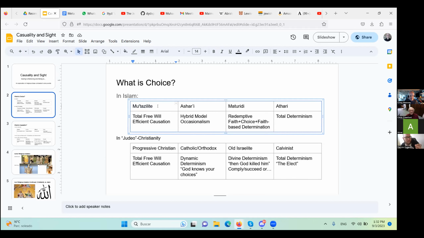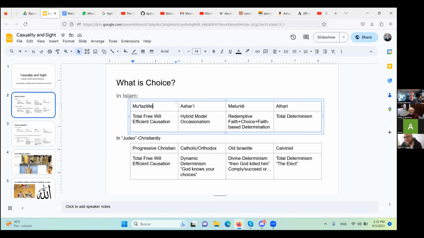They believed that God gives everybody free will, creates no evil, and evil is all the result of bad decision making. Following Aristotelian logic, they believed in efficient causation. In other words, it's physics. So they're almost like atheists plus God, completely secular rationalists, but Muslim. And I'll tell you what happened to them as we get to the end of this.